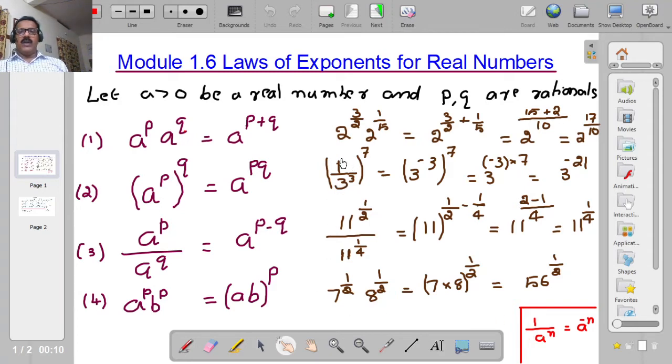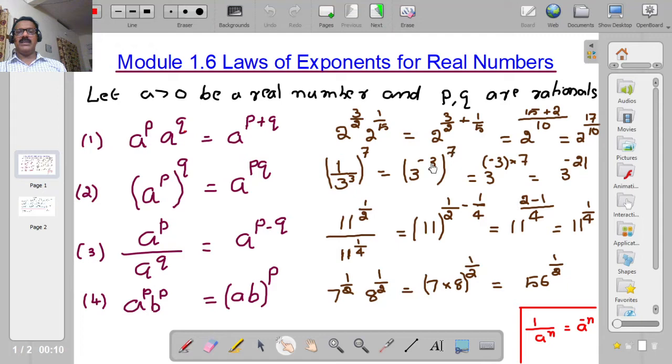See this example, 1 upon 3 raised to 3, the whole raised to 7. 1 by 3 raised to 3 is equal to 3 raised to minus 3. So 1 by 3 raised to 3, the whole raised to 7 is equal to 3 raised to minus 3, the whole raised to 7. It is of the form a raised to p, the whole raised to q. Instead of a we have 3, instead of p we have negative 3, instead of q we have 7.